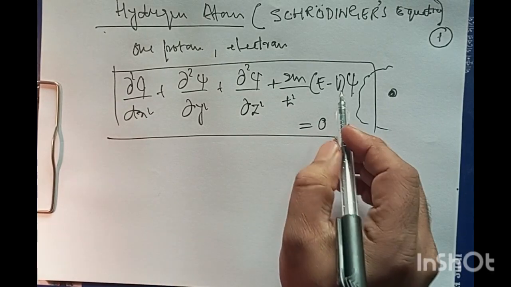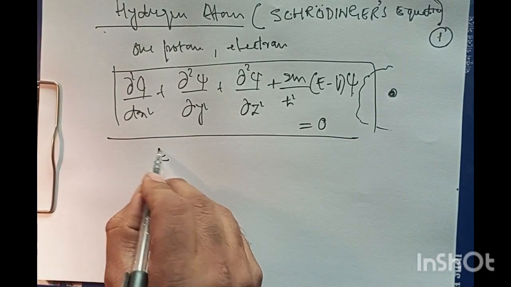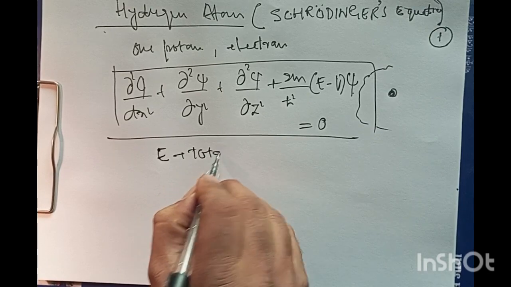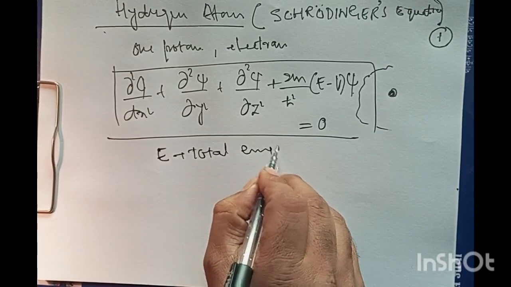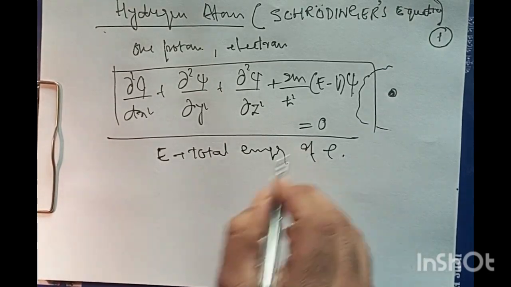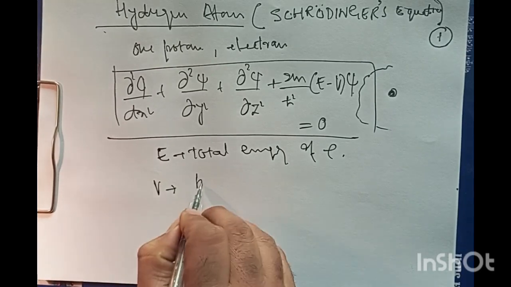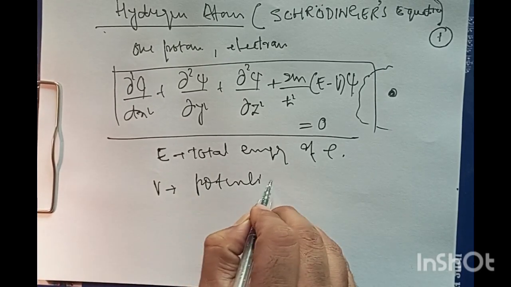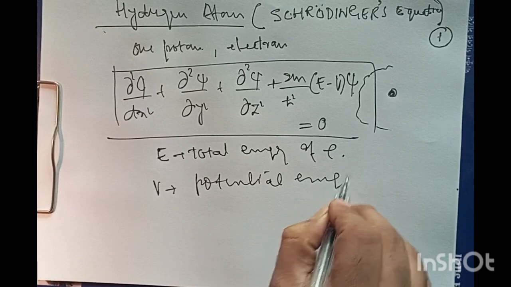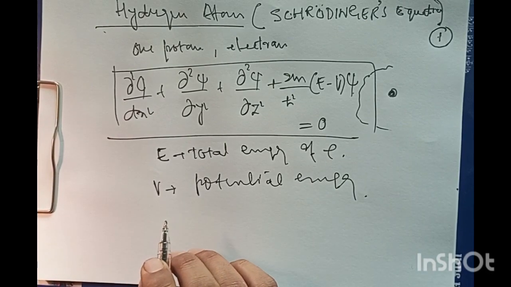This is Schrodinger's wave equation in Cartesian coordinates. This E is the total energy of the electron, and this V is the potential energy. These are the two important parameters.